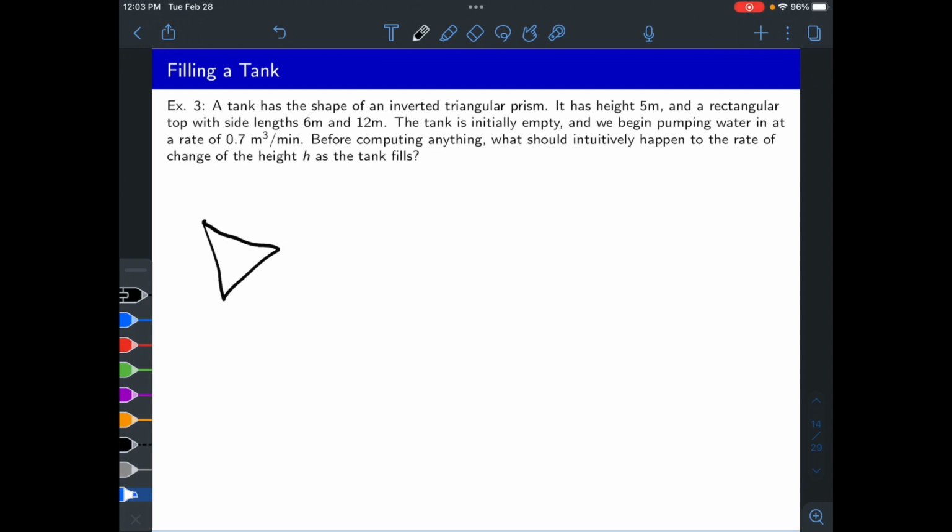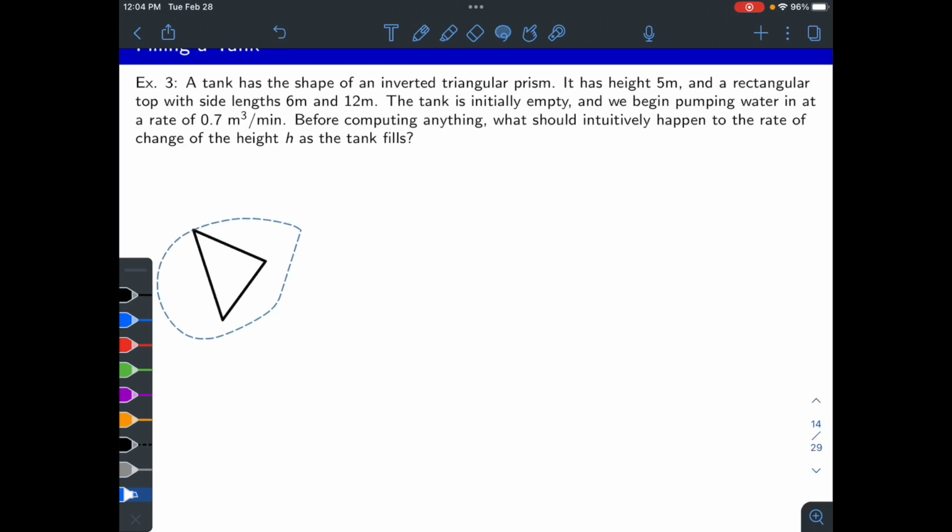So inverted triangular prism. Let's draw a little triangle. See if this snaps. It's not snapping. Let's try this instead.